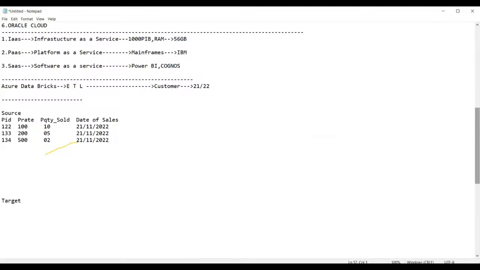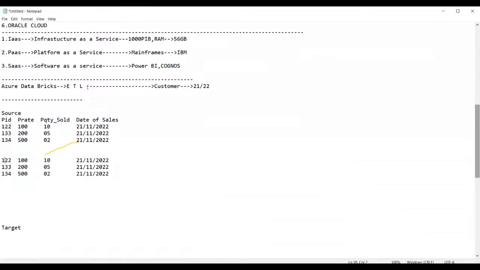Now guys, the 21st data is already recorded. Do we have the 22nd data? No, we will write the 22nd data. So I'll simply copy this information and paste it here.